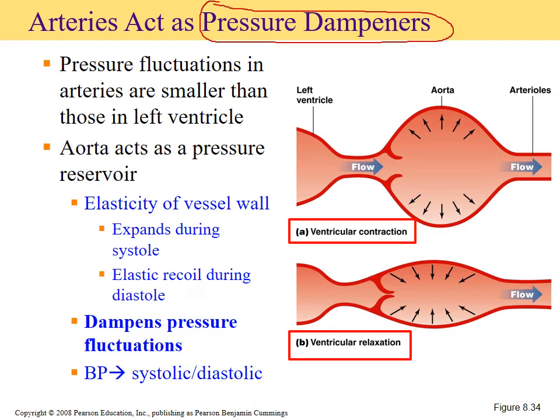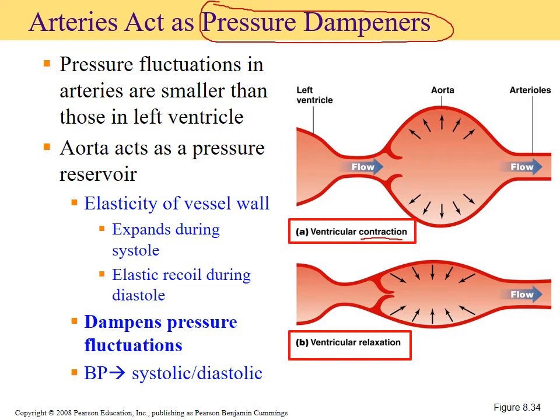So they should be able to quickly adjust, and what we see happening is that when the ventricle contracts and the blood is ejected, the arteries will adjust to this rush of blood by quickly vasodilating. And when the ventricle then relaxes, in order to keep up with the pressure changes and the fact that the blood flow will lessen, the arteries will quickly vasoconstrict.